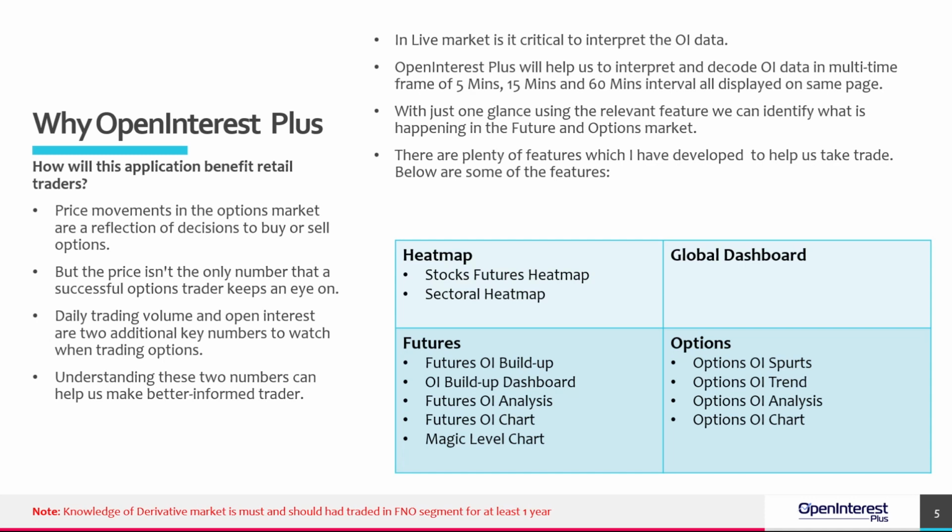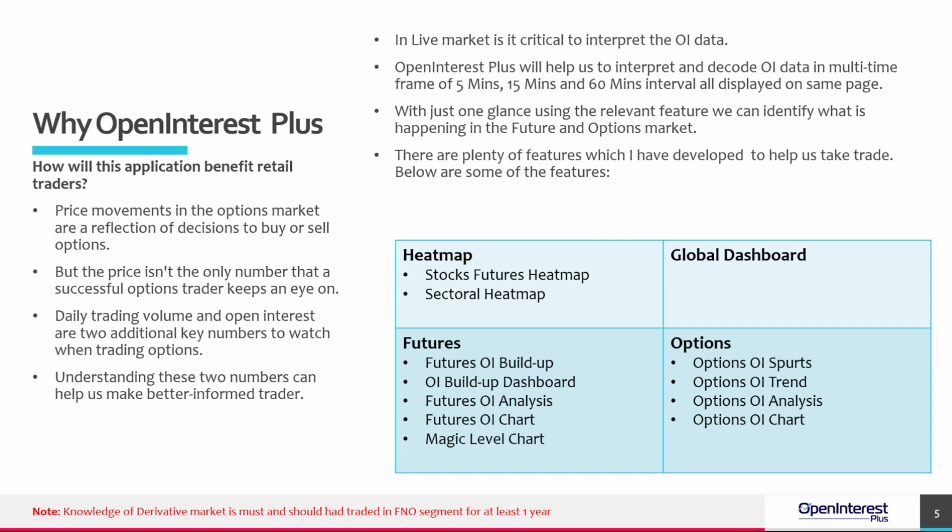So to be a really successful and consistent option trader, we also need to look at some other key aspects that are available in the derivative market. We need to look at the volume, and along with that, open interest data. These are two key factors I have figured out in the last few years.